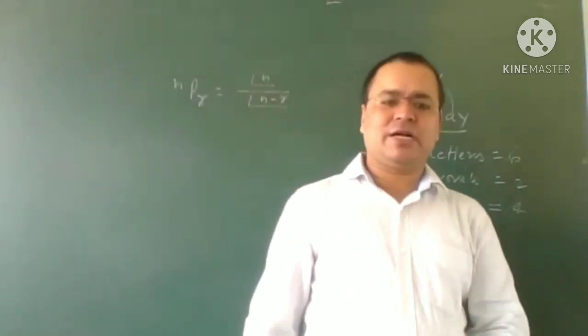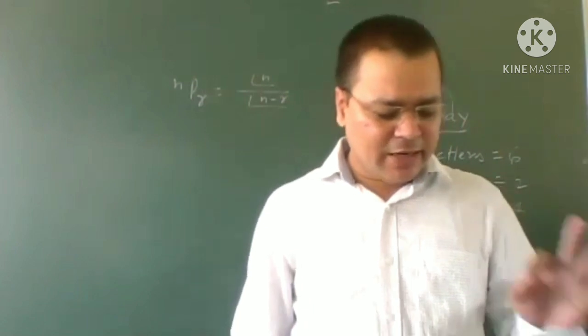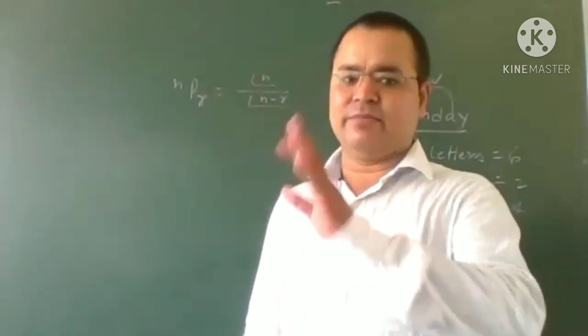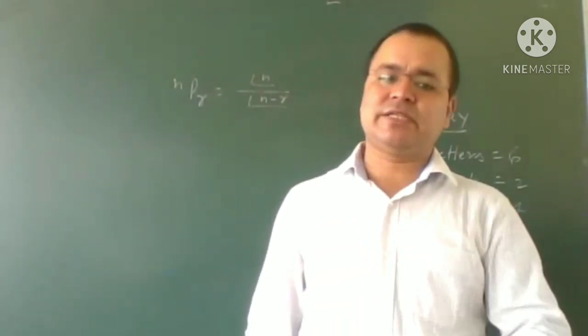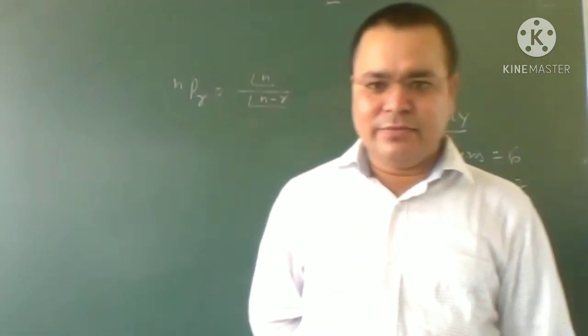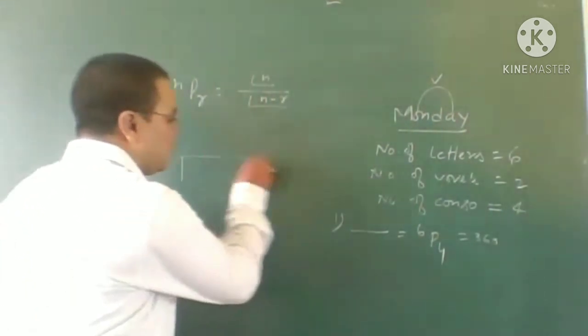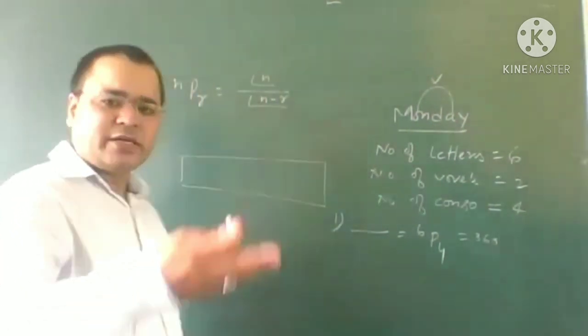Now the second part of the question. What is the second part? The second part of the question is that all letters are used at a time. If all letters are used at a time, it means we have 6 places, so we have to take the 6 places.